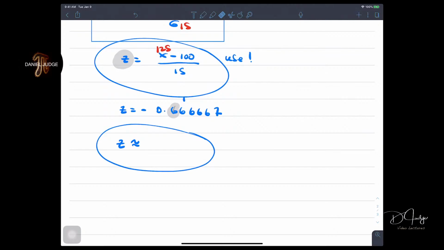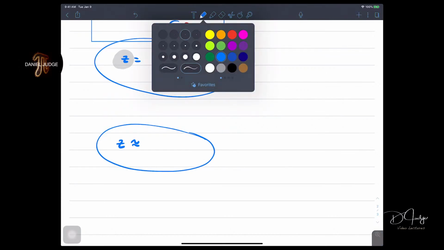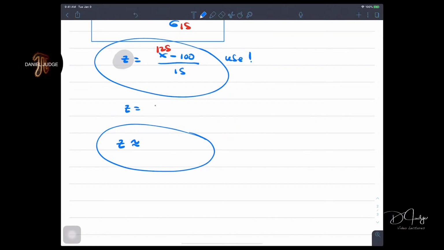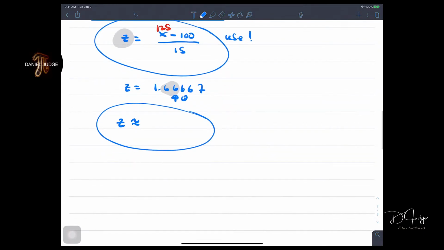So we're going to try that value here, and notice that value is positive. So we'll have z equals 1.6666 and so on, going to the nearest hundredths, right? The second decimal. You look at the digit to the right, and sure enough, this will be a positive 1.67.